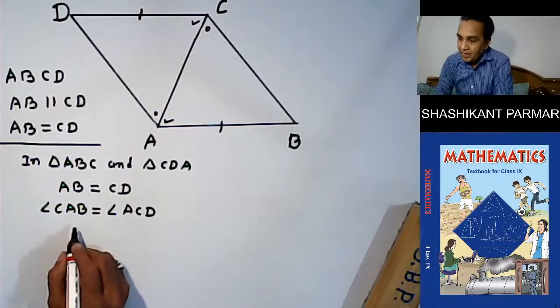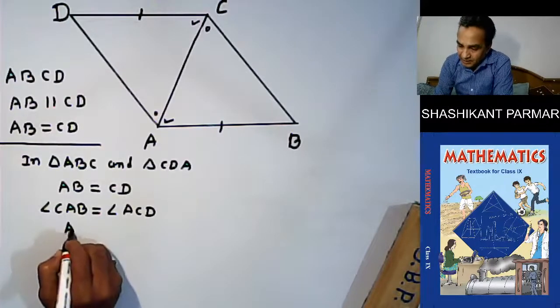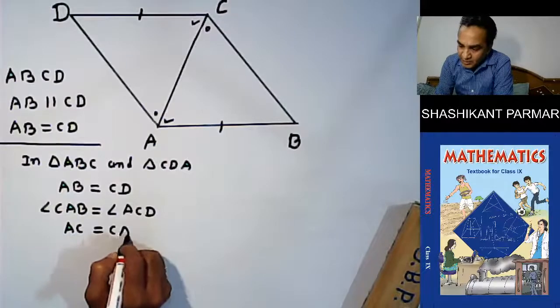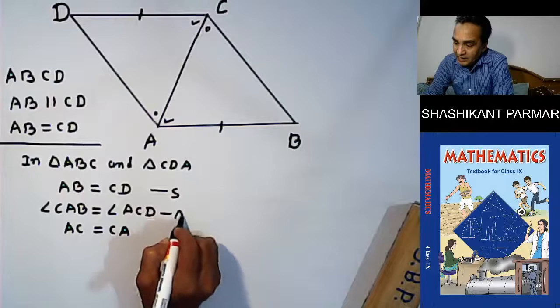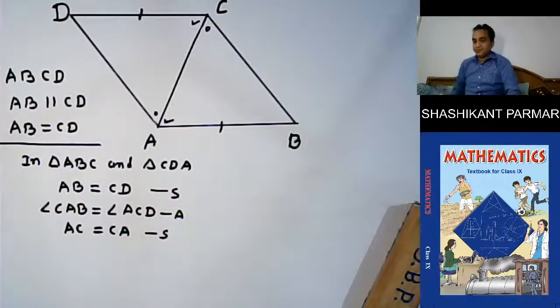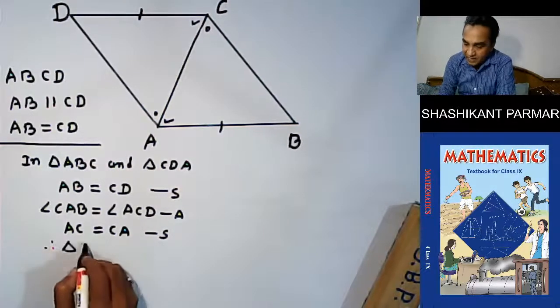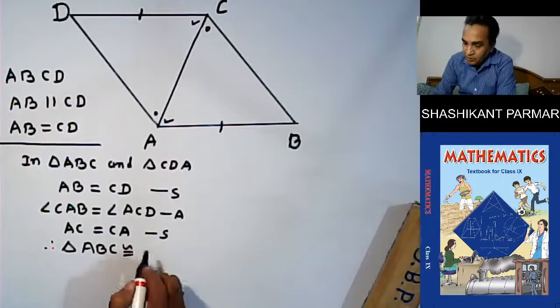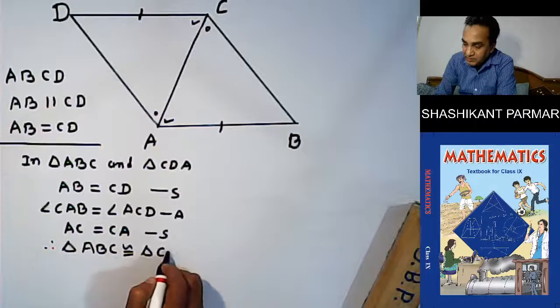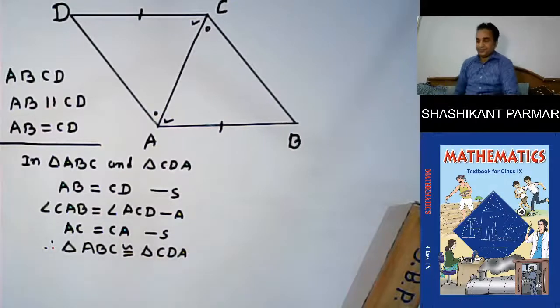Okay, and AC is equal to CA, which is common. So side, angle and side, these two triangles, therefore, triangle ABC is congruent to triangle CDA.